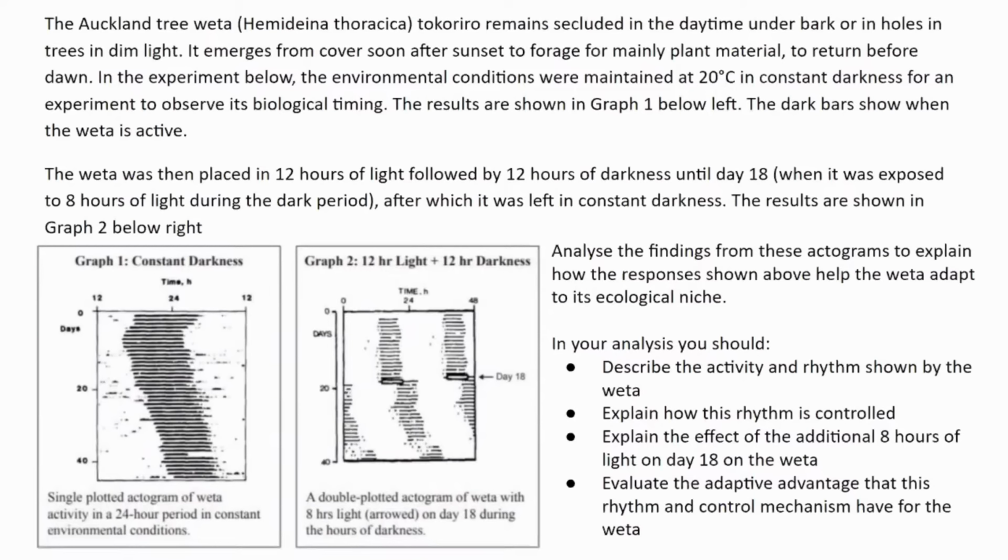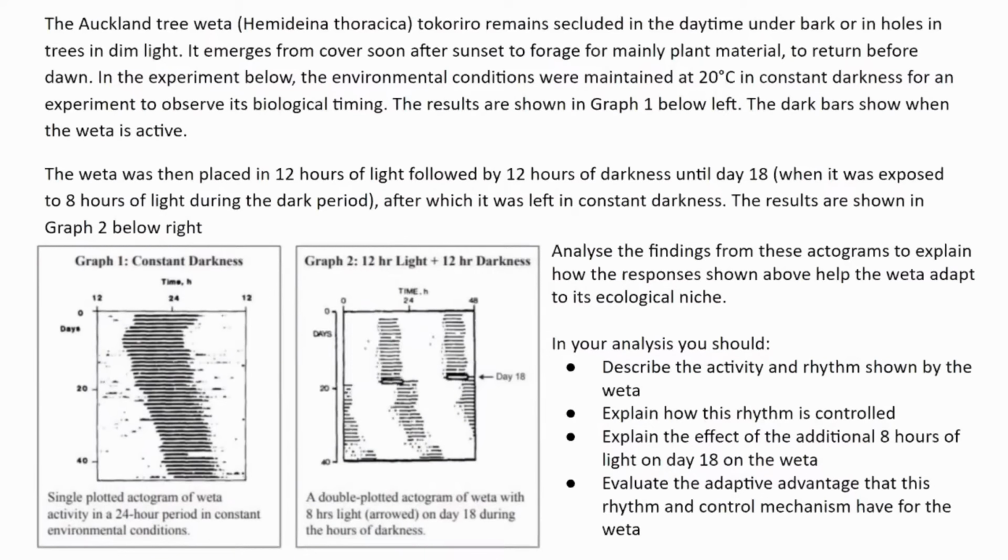It's an endogenous rhythm because it continues once it's in complete darkness. Okay. In normal circumstances, it will be entrained to daylight. We can see that in graph 2 from days 1 to 18, where the weta becomes active at the same time every day. Once it's in 12 hours of daylight, 12 hours of darkness.